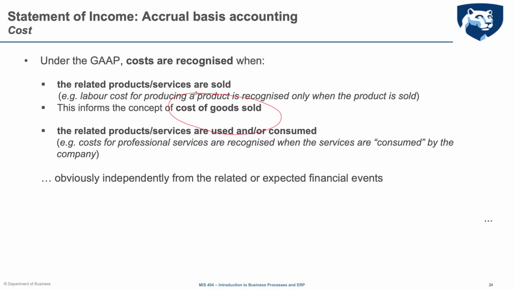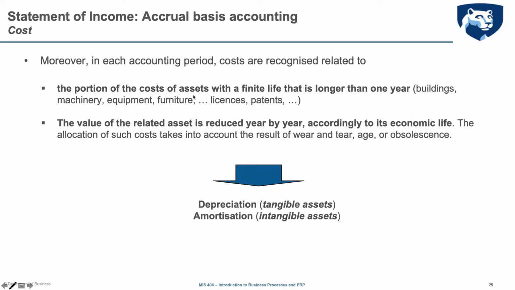Then, another concept that you have to remember from the income statement and financial accounting, and I will explain that and recall that in a second, is the cost of depreciation if a tangible asset, or amortization if an intangible asset.